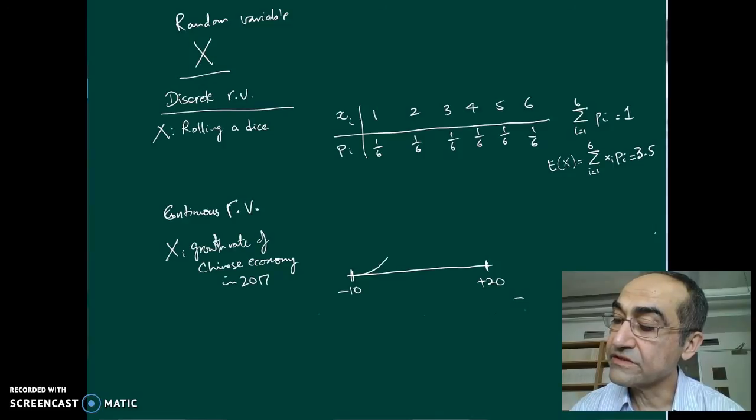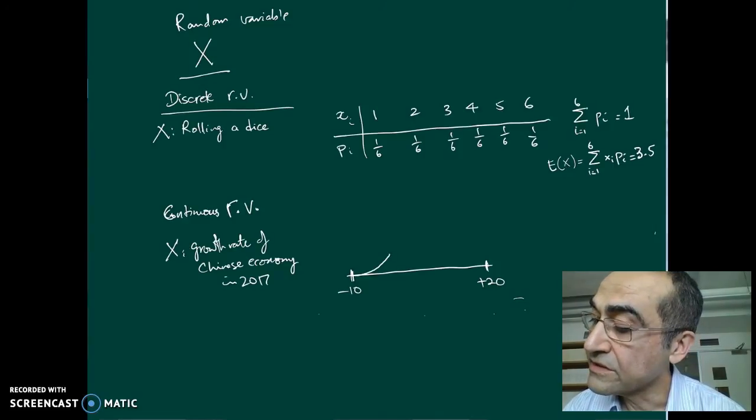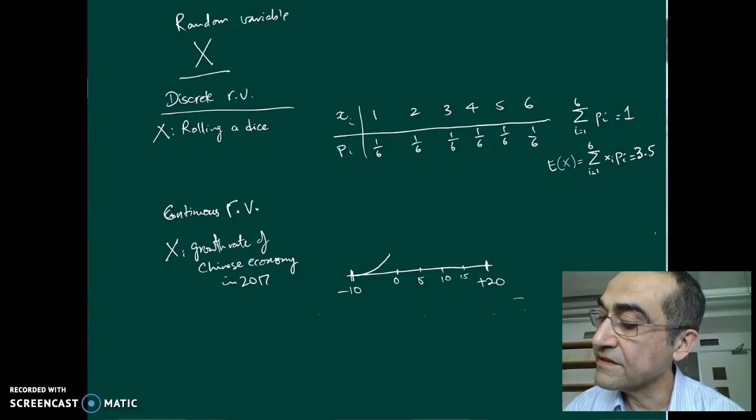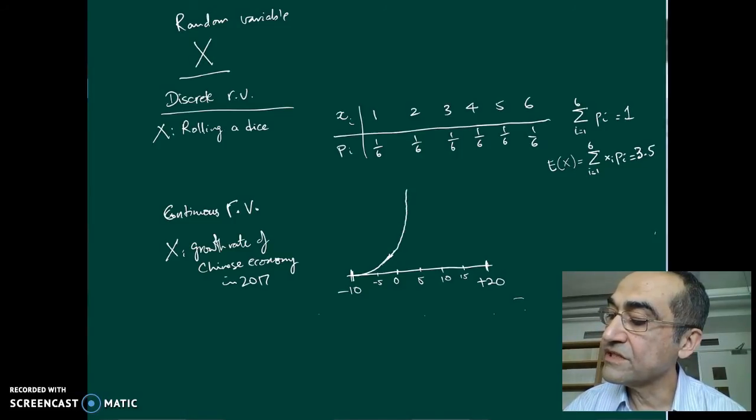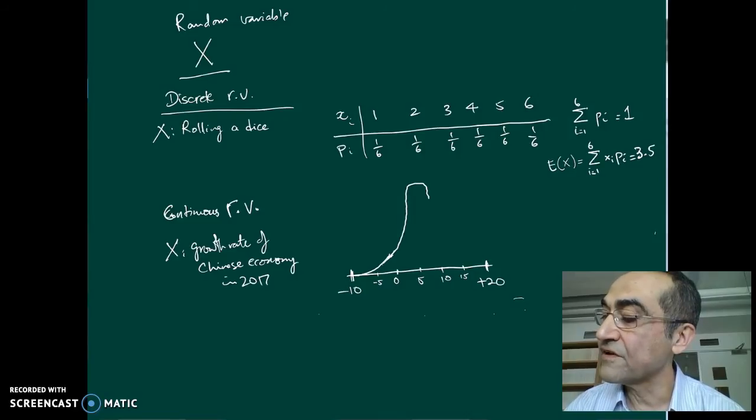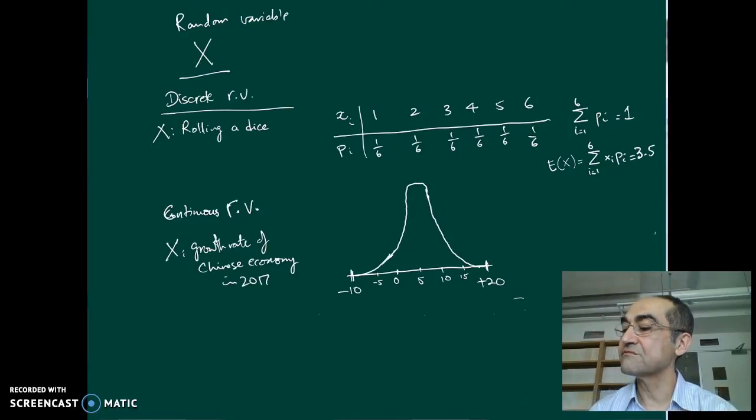Probability density function is something, say, if I say this is going to be -5, 0, 5, 10, 15. Very low probability at -5, but then it goes steeply high, and very highly probable is between, say, 5 to 10, and then steeply comes down again, and very, very small likelihood that it would be 15% or more.